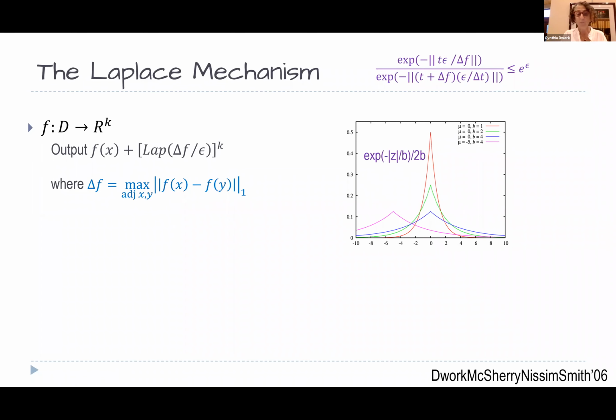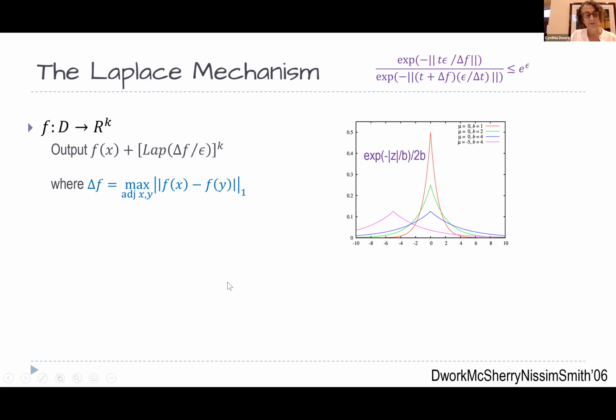Now, if you want better privacy, you also want more noise. You want to stretch things out. Better privacy for us is smaller privacy loss, so good privacy is tiny epsilon. So here's epsilon in the denominator, making sure that when epsilon is small, the noise is spread out.